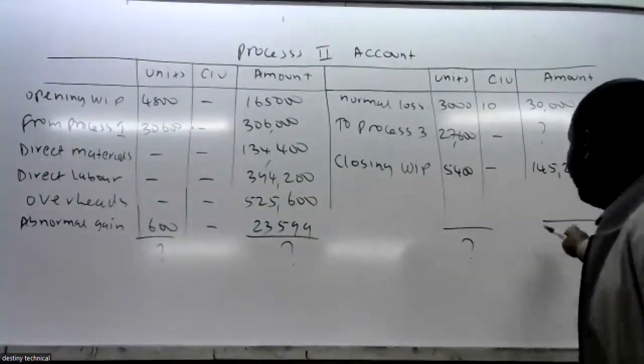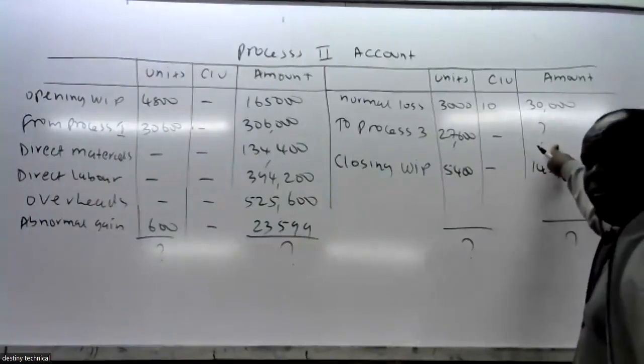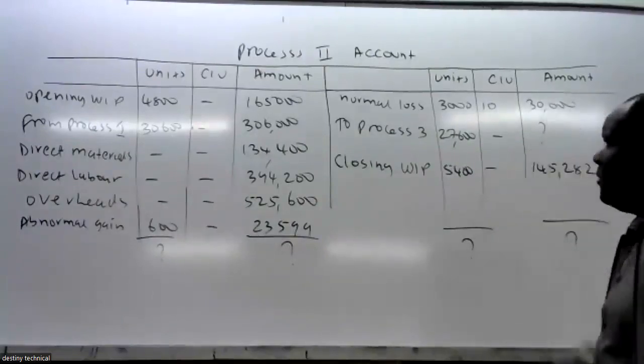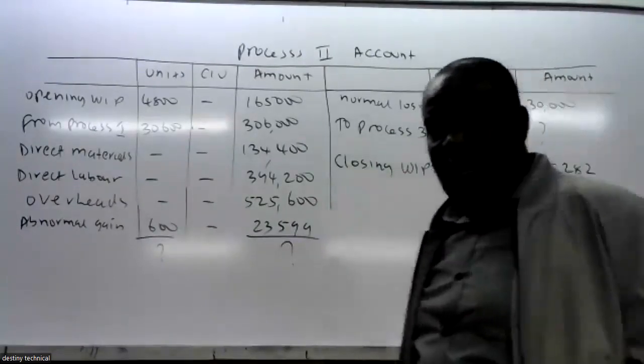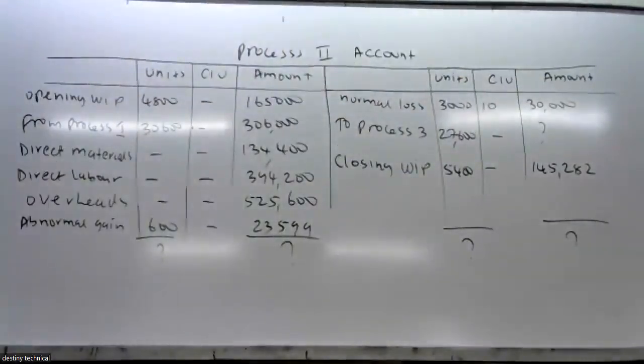The same total you put there. So this one will be the balancing figure. When you use the first in, first out method, the output will be the balancing figure. So get those values. We are using the first in, first out method.